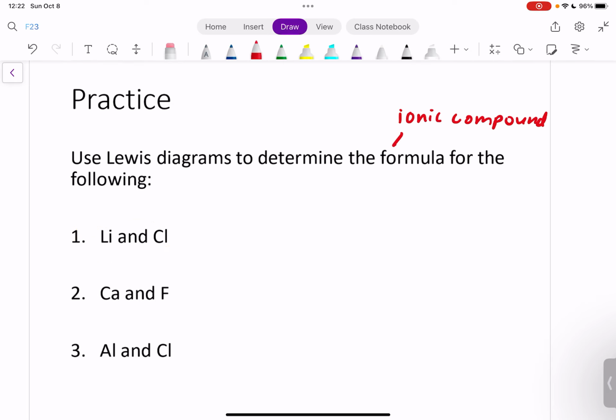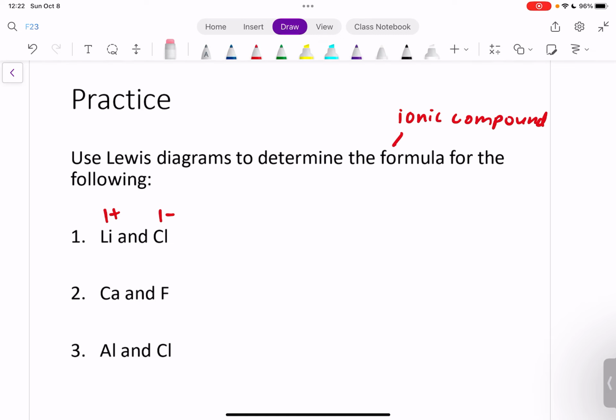Lithium forms a 1 plus charge and chlorine forms a 1 minus charge. Because those charges cancel out, we'll probably just need to bond them in a 1-to-1 ratio for our formula: 1 lithium with 1 chlorine. But let's see this written out, and it wants us to draw the Lewis diagrams anyway, so let's do that.